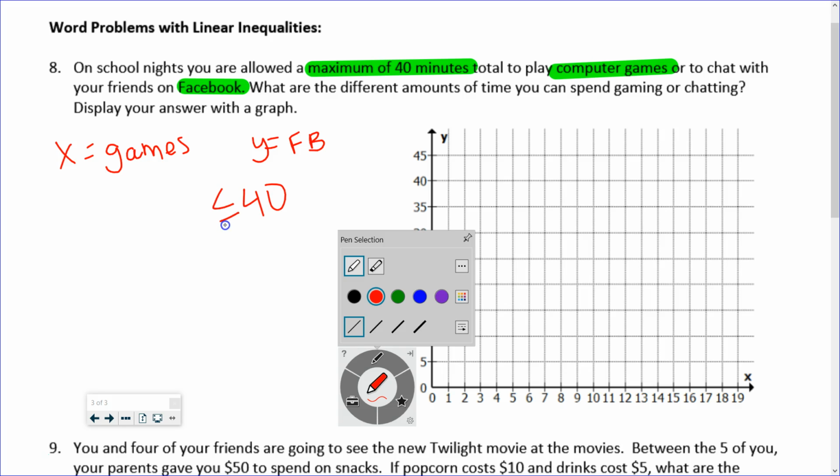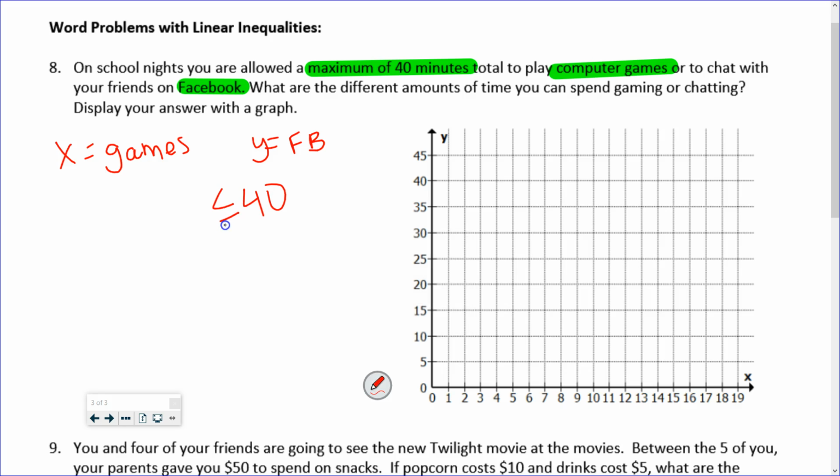Yeah, I can spend 40 minutes, a maximum of 40 minutes. So how do I represent all the minutes together? Minutes on games and minutes on Facebook using the x's and the y's. Yes, good. Brandon got it. x plus y. So all of my minutes on games plus all of my minutes on Facebook have to be less than or equal to 40.